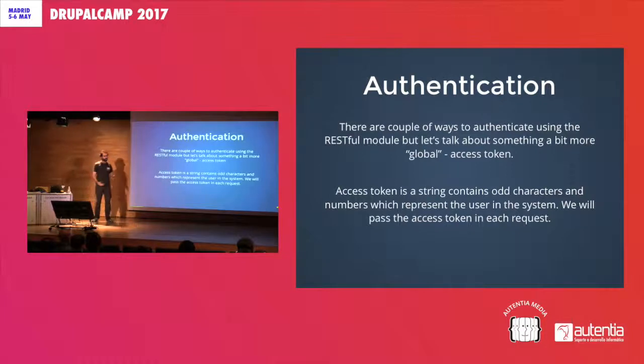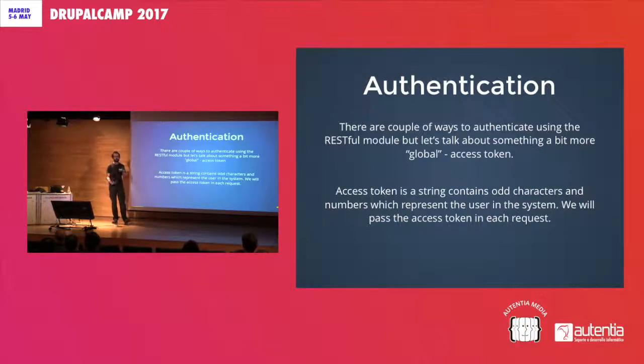Then, when we are consuming an application, we need a way to authenticate the users, so that every person doesn't get all the content, because some content is restricted for some users. So we need to find a way of authentication. The module itself comes with a couple of options, and it also allows us to write our own authentication methods. In this case, we are going to use only the access token. An access token is just a string composed of numbers and letters that represents a user in the system.